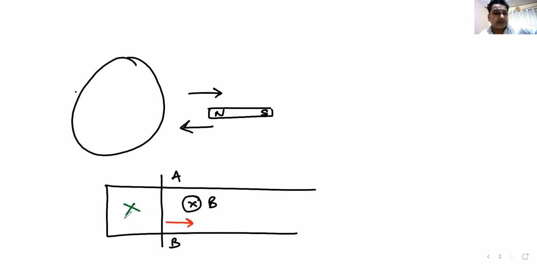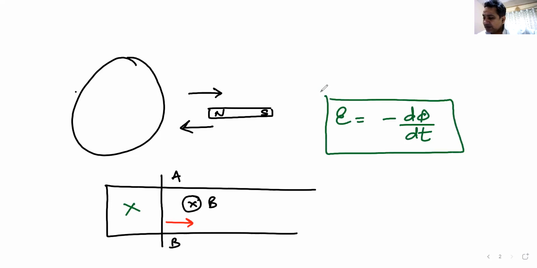Whenever magnetic flux starts to change with time, an EMF is induced in the coil. That EMF is known as induced EMF, and the value of this induced EMF is negative of rate of change of flux. This statement is known as Faraday's law of electromagnetic induction.